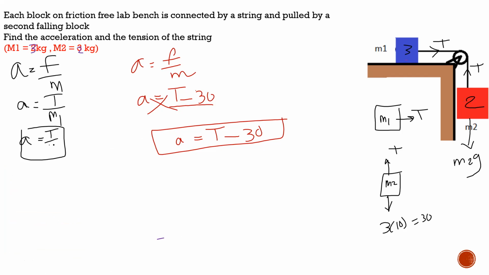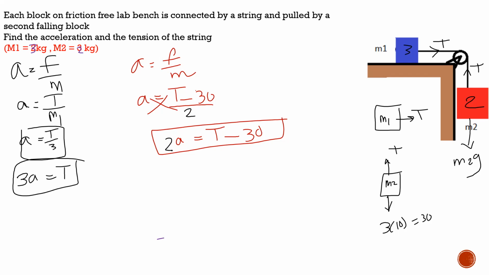So here it will be a equals t over 3. So 3a is the tension. The second one here, we have it as 2. So 2a is equal to t minus 30.